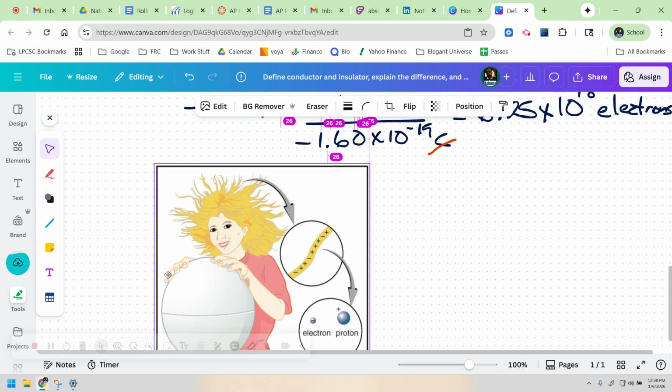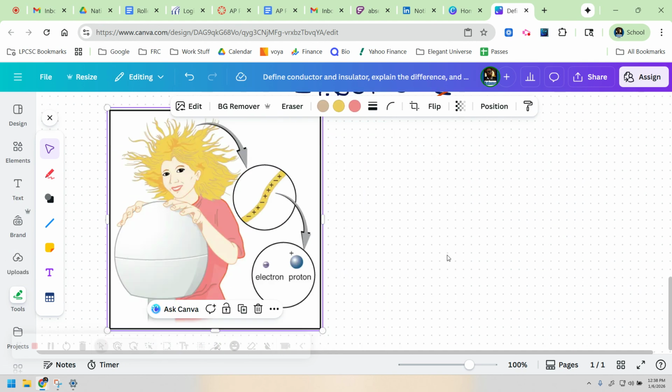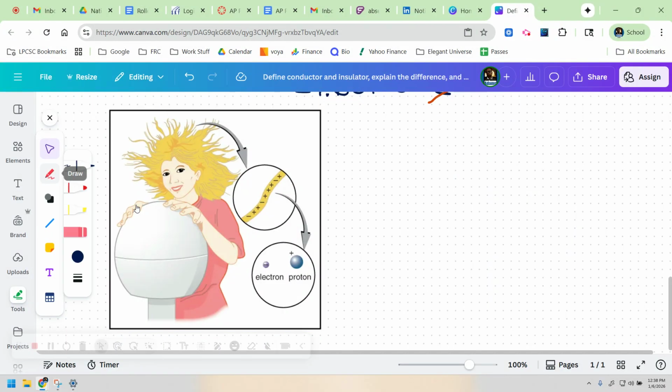But a Van de Graaff machine, on the inside, has a rubber belt, and that rubber belt moves against a surface, and what it does is it polarizes charges. And so what will happen is that your hair will get these extra charges, positive and negative, but mostly positive. And so what happens is as these charges in your hair, because you'll get extra electrons and protons, they repel from each other.